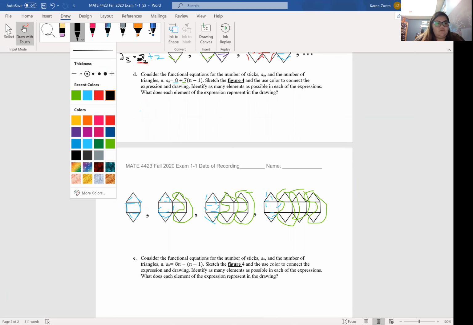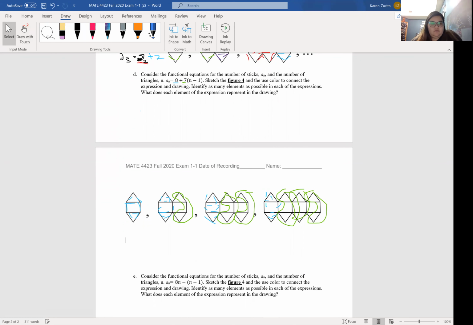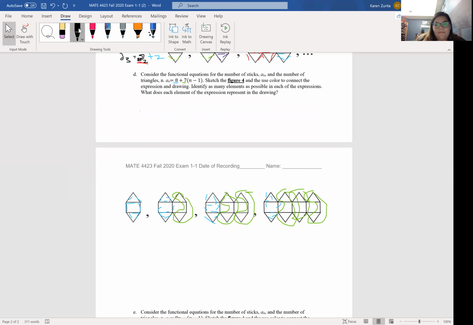For A of 1, we just have 8 plus 7 times 1 minus 1. Since it's n minus 1, we have 1 minus 1, that equals 0. 8 plus 7 times 0. So we have no groups of 7.